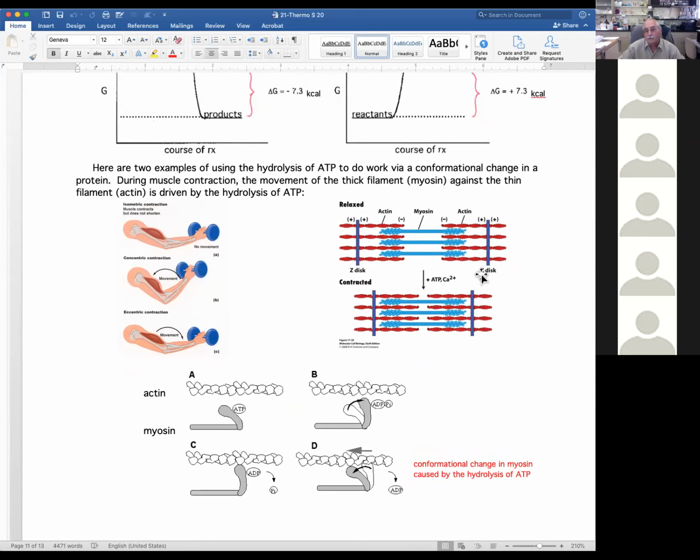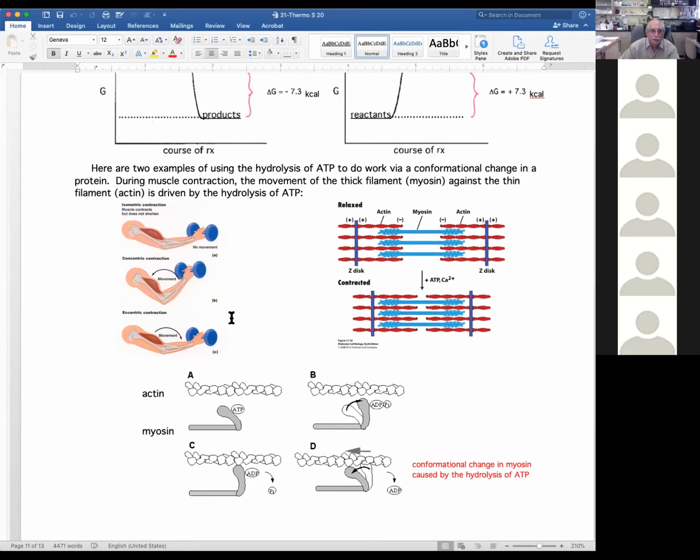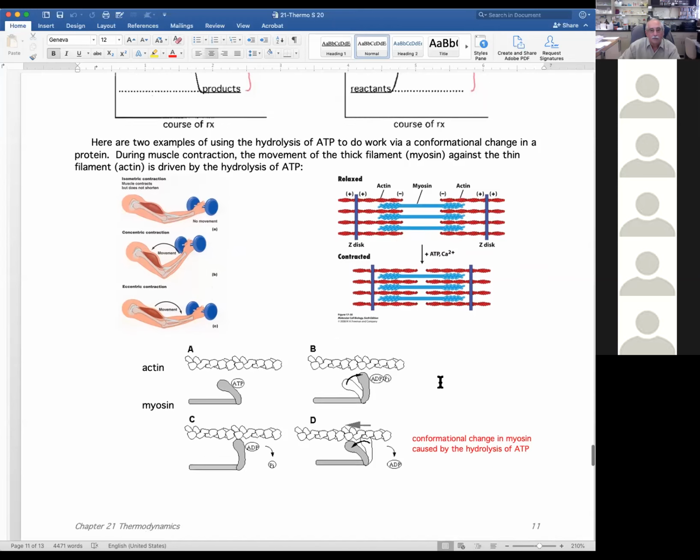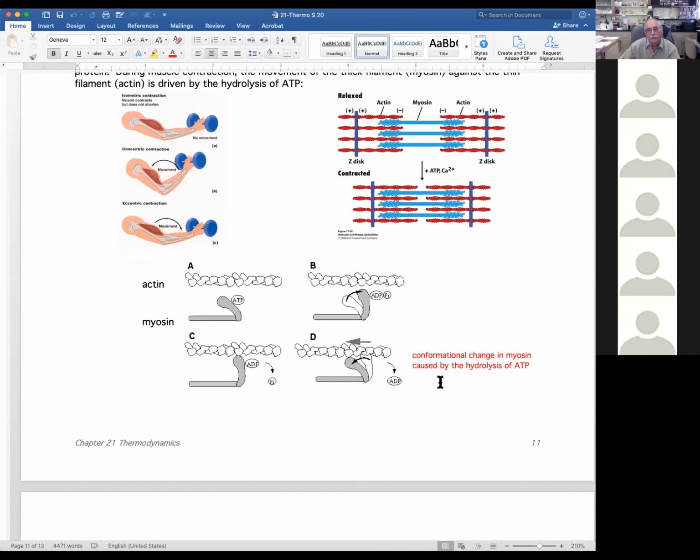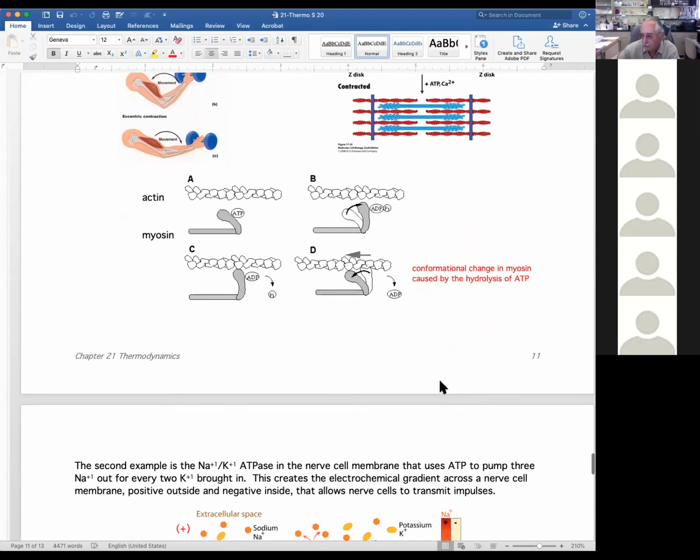During contraction, after calcium comes rushing into the skeletal muscle cell to cause the hydrolysis of ATP, you see the muscle proteins simply slide into each other like this. That causes a shortening of the muscle, which causes work to be done. What we're really doing is causing a conformational change in the myosin.